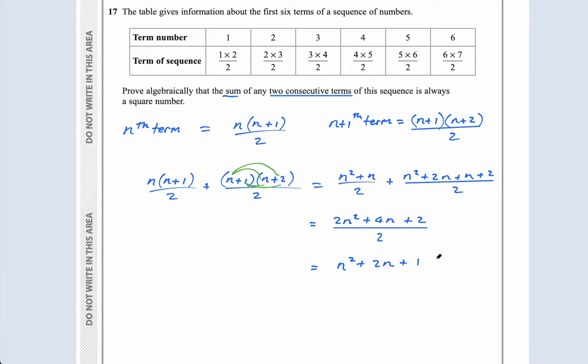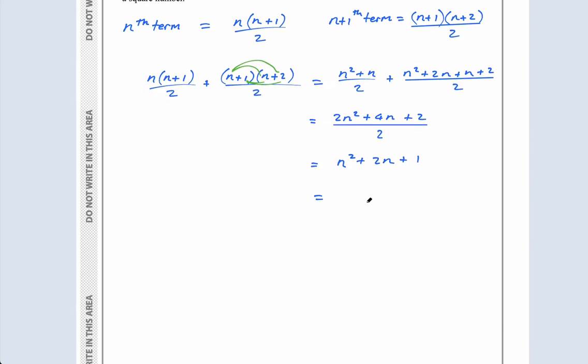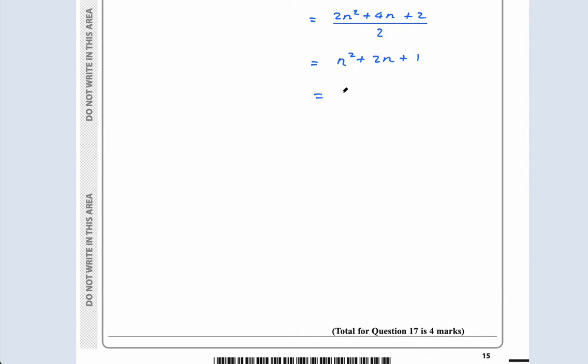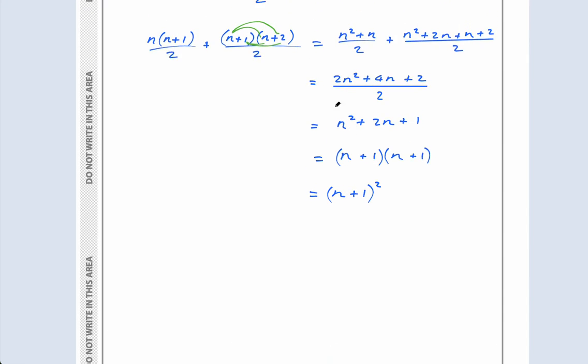Okay, nice. This is nice because if I factorize this, the factors of n squared are n and n. The factors of 1 are 1 and 1, and it has to be plus, and plus. If you don't believe me, multiply this out, you get n squared plus 2n plus 1, which is this, which equals n plus 1 squared.